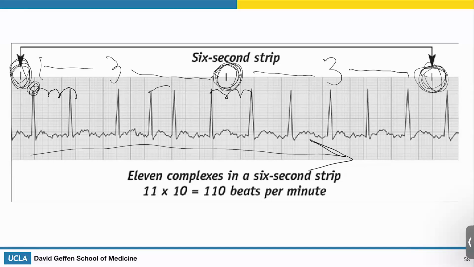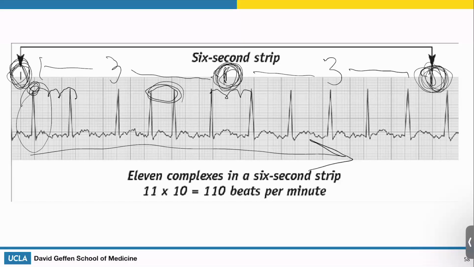But if I was to do this one, do you see how this would actually be closer and I would get a different rate? Because of this irregularity, I actually just need to do it on a 6-second strip or a 10-second strip if I'm doing a 12 lead. 12 leads are 10-second strips. This is representative of that 6-second strip based on these little notches that are here.